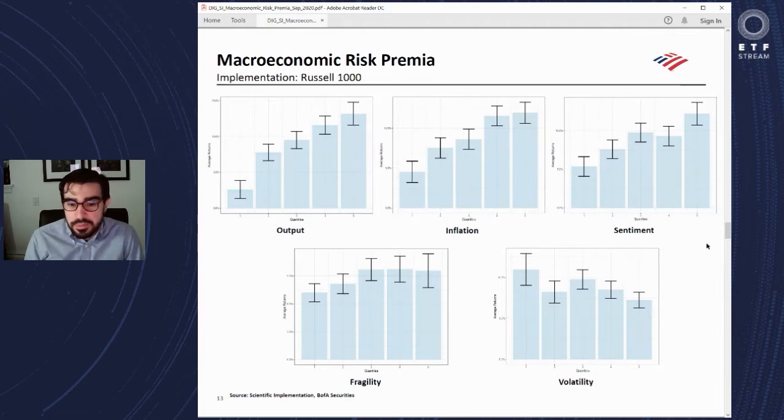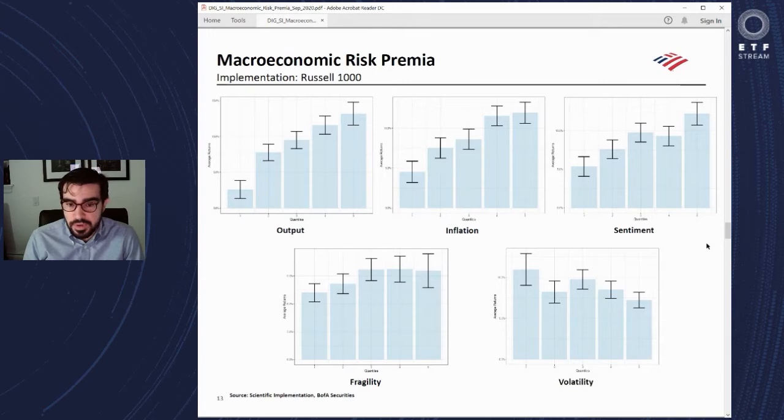For counter-cyclical measures such as volatility, the opposite holds true. The reason why we observe that is the very properties of pro-cyclical and counter-cyclical measures. So one can think about how investors assess risks and are comfortable with the risks they are taking. And in order to be comfortable with those risks, they need to be compensated for that.